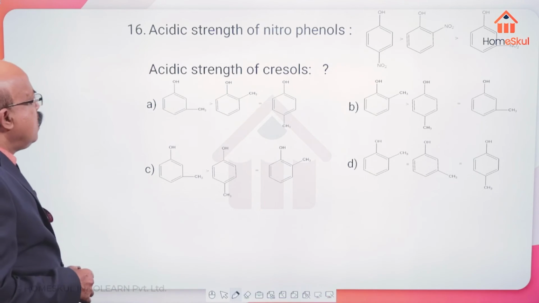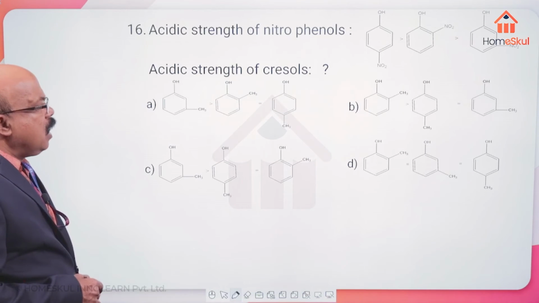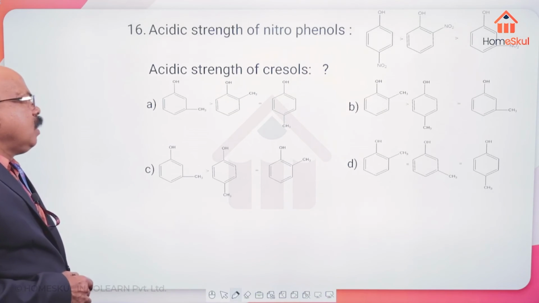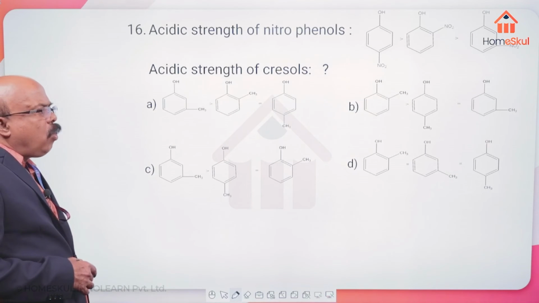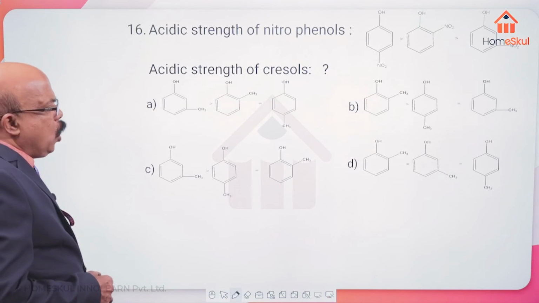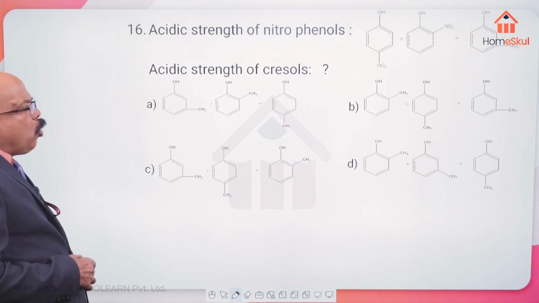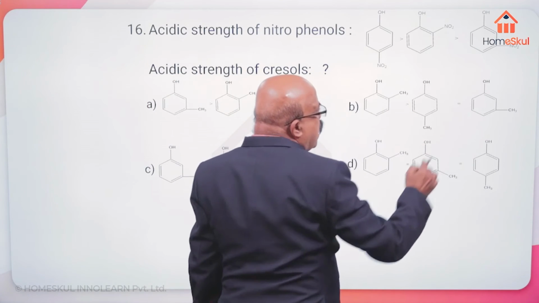That is given there. If so, acidic strength of cresols. Cresols are hydroxytoluene, or hydroxylated toluene, or phenol with a methyl group. Methyl phenols, orthocresol, paracresol and metacresol.